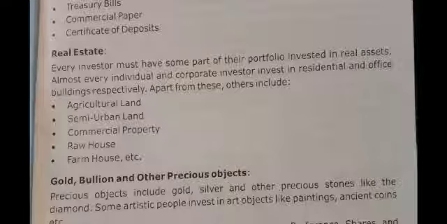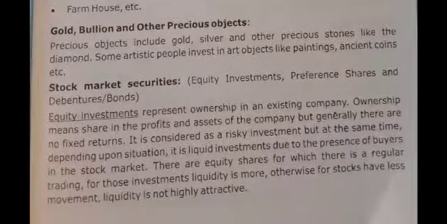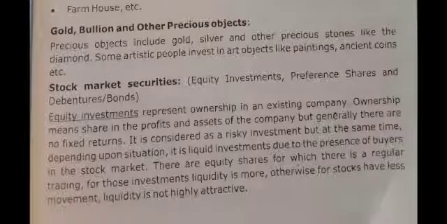Anyway, you get a few pieces of information about these things. Another option is gold, bullion, and other precious objects. This is an important investment avenue that people are always interested in. Especially women and girls are interested in investing money in the form of gold. Gold may be raw gold, or it may be in the form of necklaces, earrings, like that.